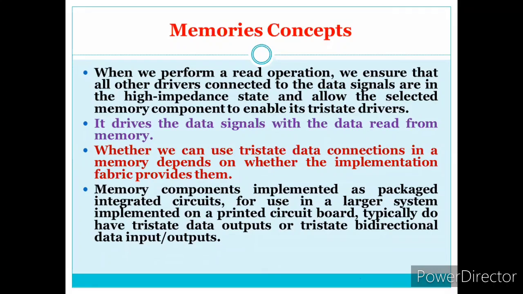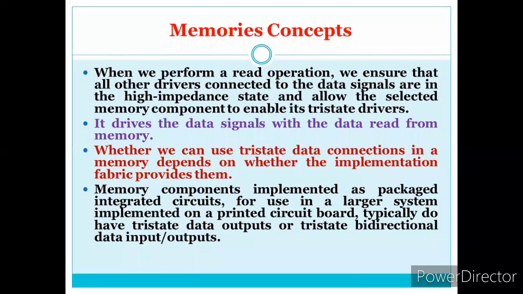Whether we can use a tri-state data connection in a memory depends on whether the implementation fabric provides them. This is one of the restrictions we have. Whatever tri-state design we want to build depends upon the manufacturing fabric components we are using.